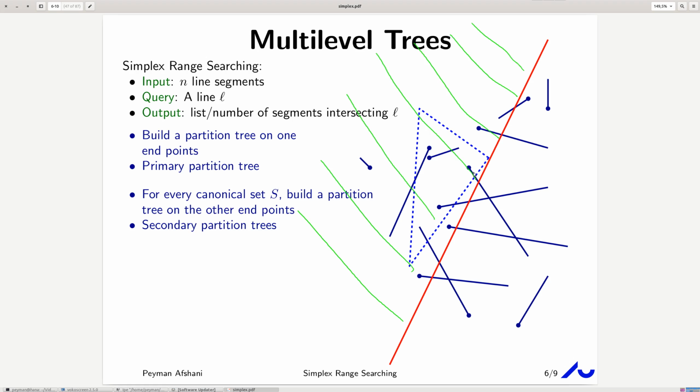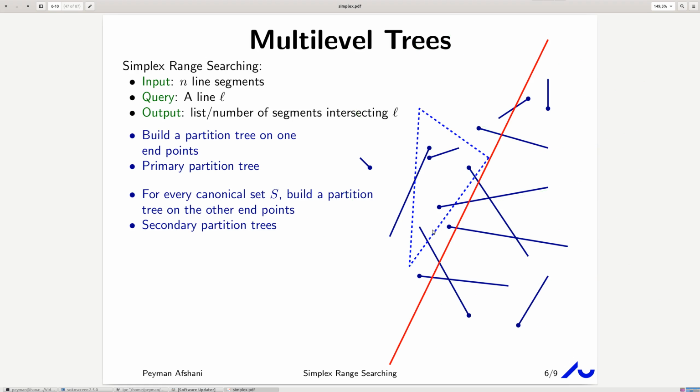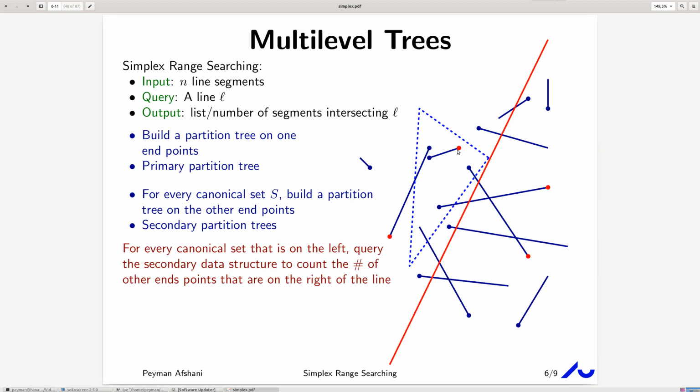If one endpoint of the segment is over here, but the other endpoint is over there, then the segment must intersect the line. So to find the list or the number of segments intersecting the line, I take the blue canonical set, I look at the structure that is built on these other endpoints, and I find which ones or how many of them are on the other side of the line. That's basically how it works.